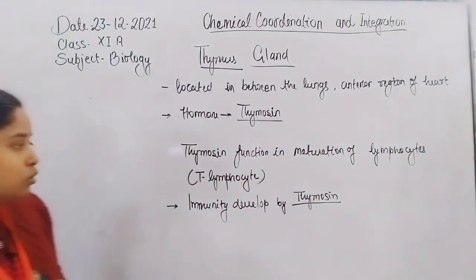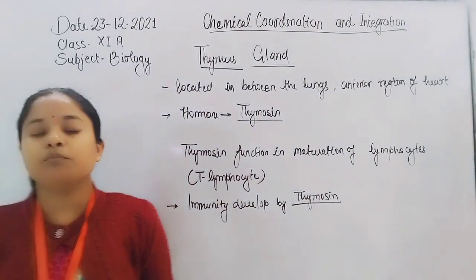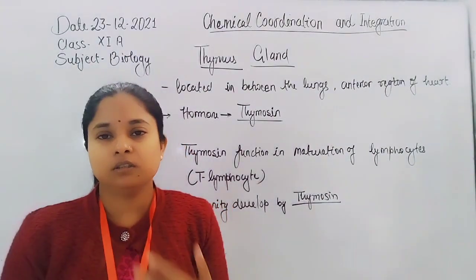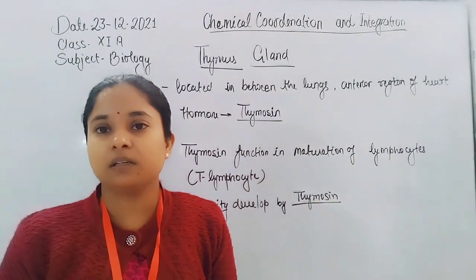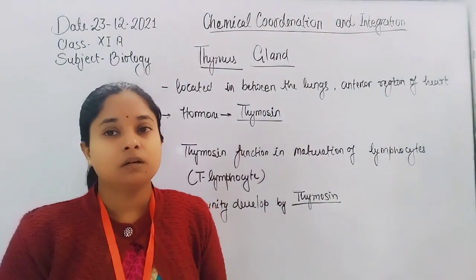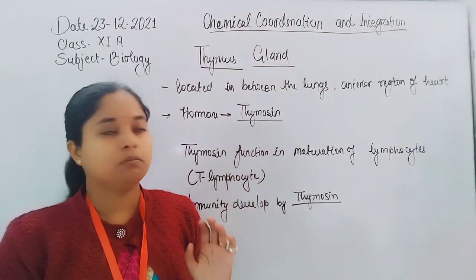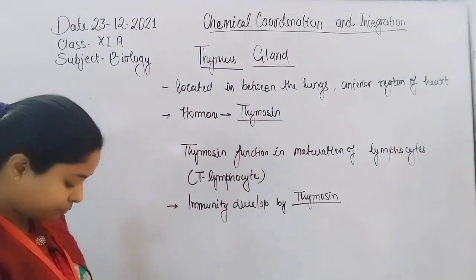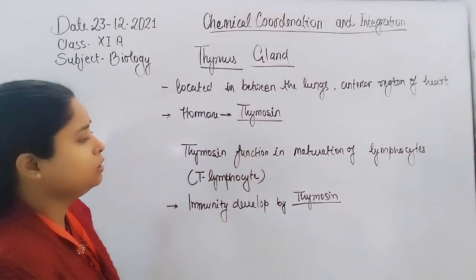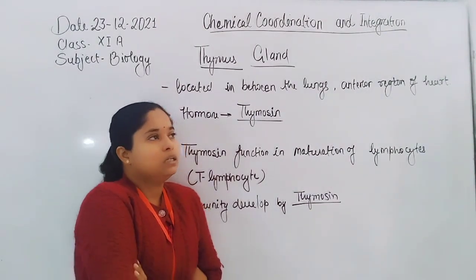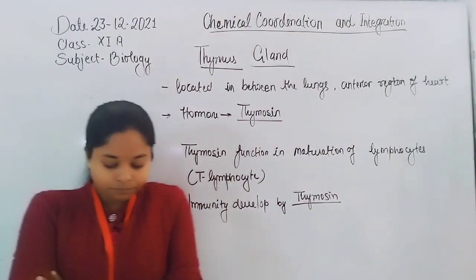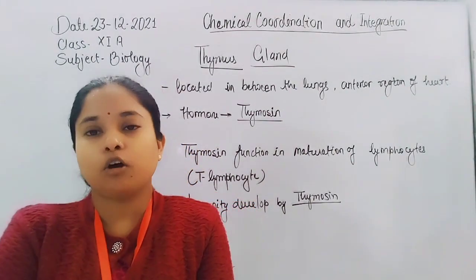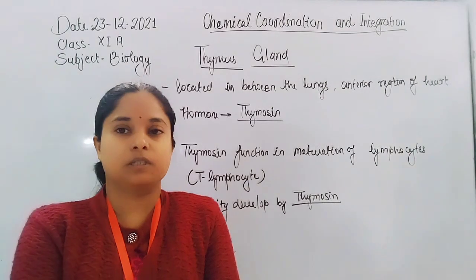Thymosin. So as we know, all types of blood cells, either WBCs, RBCs, or platelets, form in our bone marrow through the stem cells. But the complication in the formation of WBCs is that there are so many types of WBCs formed by the myeloid progenitor and lymphoid progenitor.